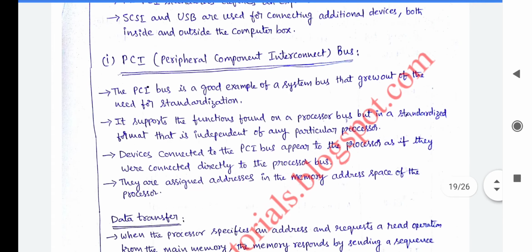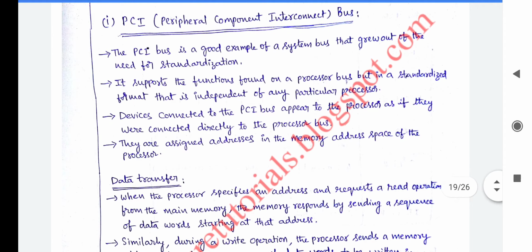First one is the peripheral component interconnect bus, PCI bus. We have to know about the PCI bus. The PCI bus is a good example of a system bus that grew out of the need for standardization, right?